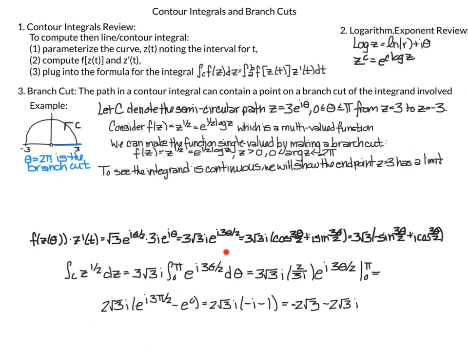So remember, I can then take the integral of this, and I get 2 over 3i e to the i 3 theta over 2 evaluated at pi and at 0. I plug in algebraically, and I get negative 2 square root of 3 minus 2 square root of 3i.